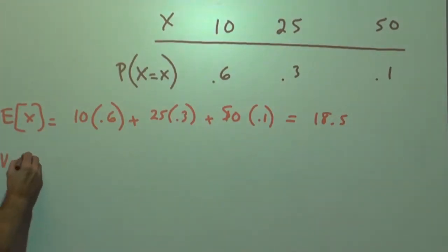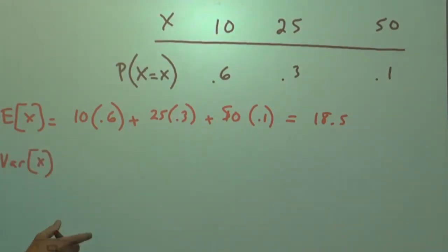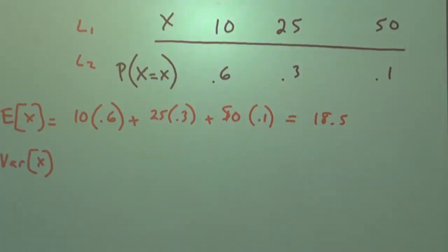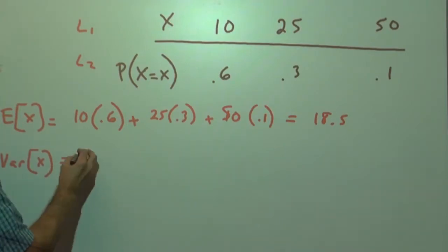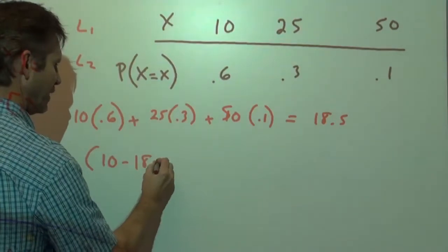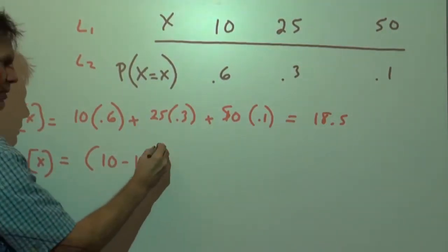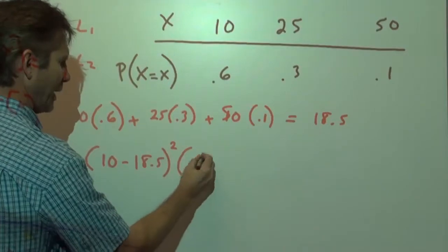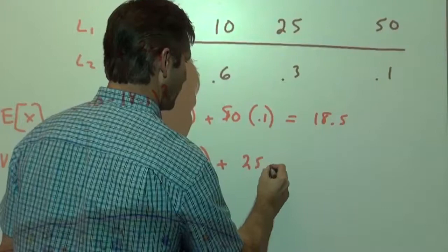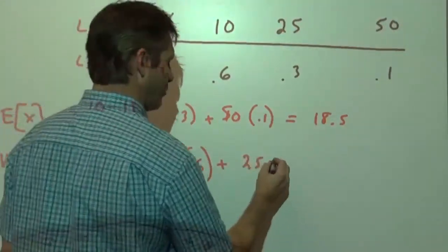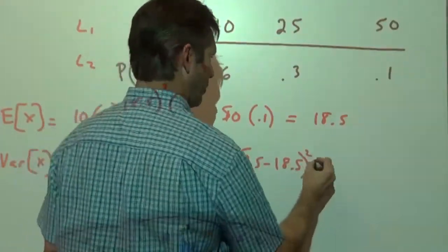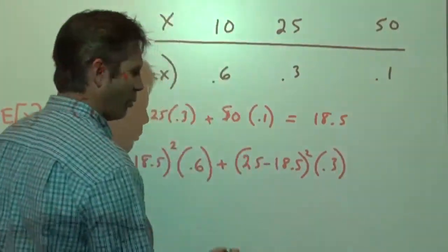Then the variance of x. Now we can find this using list 1 and list 2 and do one variable stats. But it's good if we can understand that. All we have to do is take the deviations of each score, how far it is away from the mean, square it, and then multiply that by its weight. Take 25 minus the mean, square that deviation to get rid of the negatives, and multiply by its weight of 0.3.